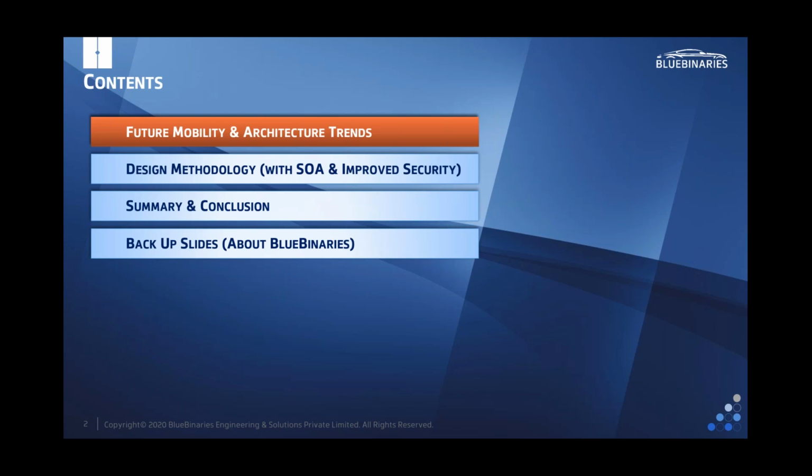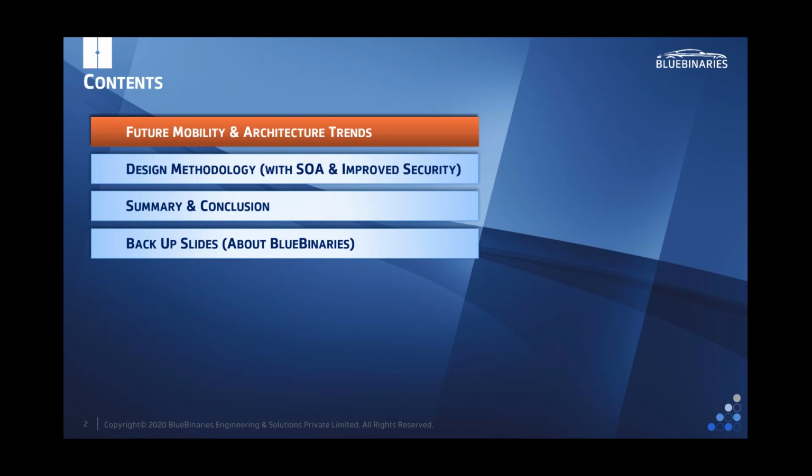Post that, my colleague would explain in detail the design methodology, talking about the service-oriented architecture method and how it influences the design, and also we'll speak about the improved security requirement that is needed, since it's more of a connected concept, and hence that is also vital, and that is the reason we would also brief you a little bit about it. And then a summary and conclusion.